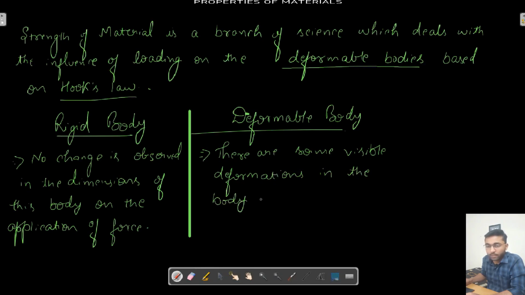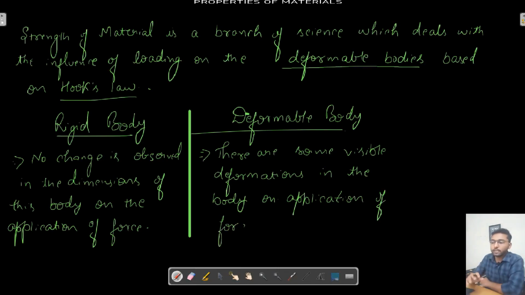Because we have applied some force. So we can say that on the application of force, this is the basic difference between a rigid body and a deformable body. So the definition was to study the influence of loading on which kind of body? On the deformable bodies.